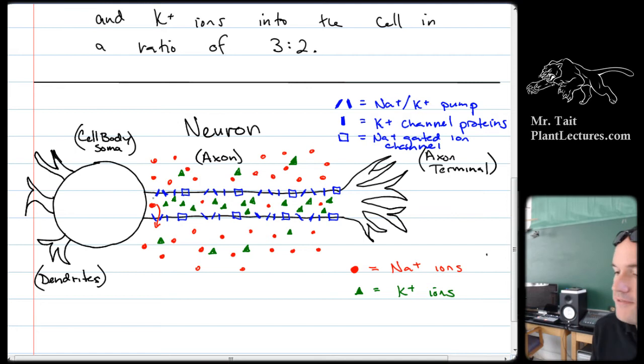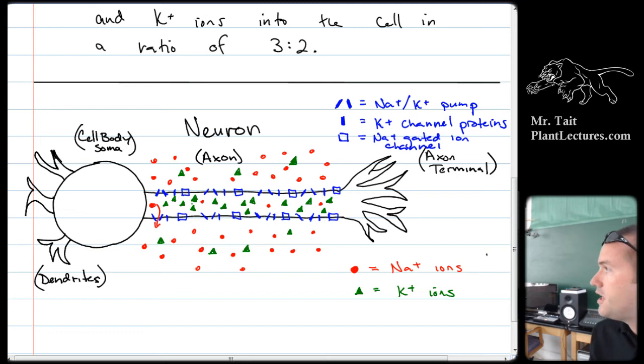Let's talk about diffusion. These sodium ions, where are they going to want to go? Where are there more sodium ions? There's more on the outside, so they're going to want to go in. Can they go in? No, they're positively charged, and therefore they cannot go through the plasma membrane. They're stuck out there.